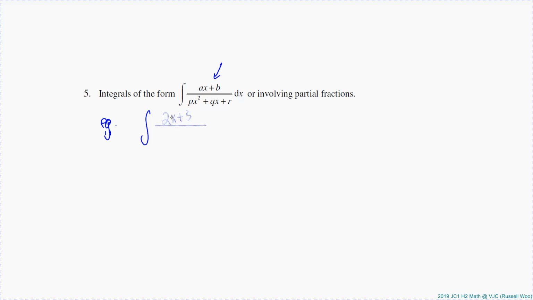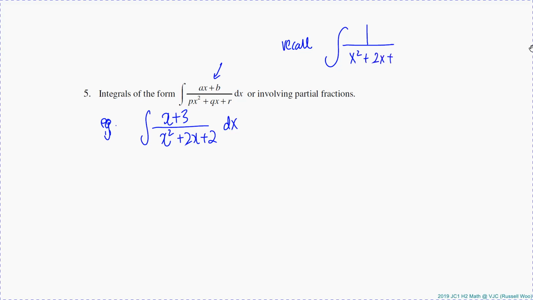Maybe I should use another example. x plus 3 over x squared plus 2x. Alright? Recall in our earlier example, we knew how to integrate 1 over x squared plus 2x. It's one easy game already.